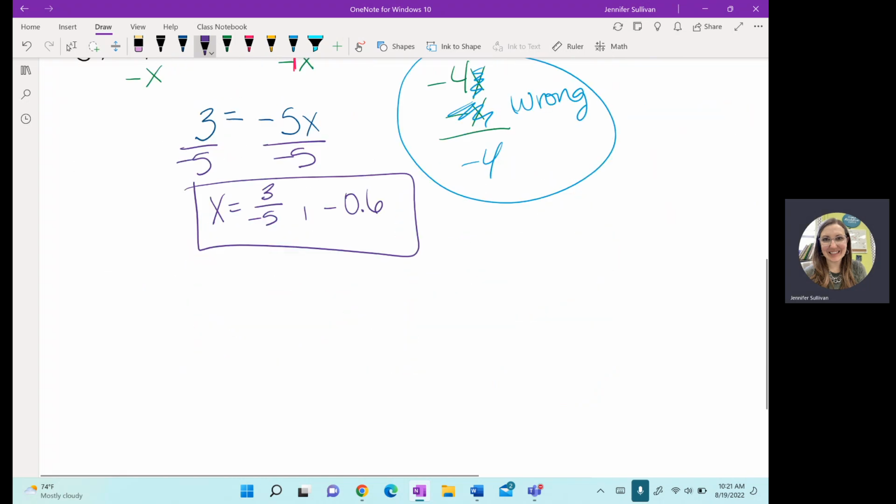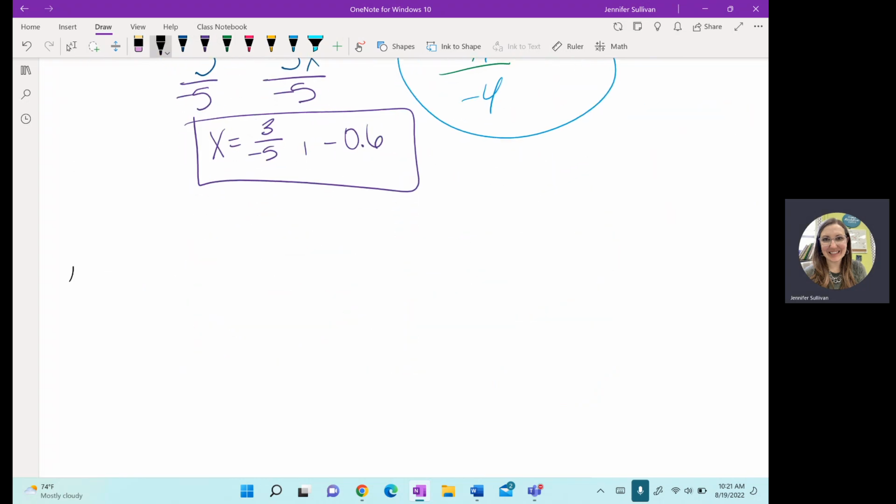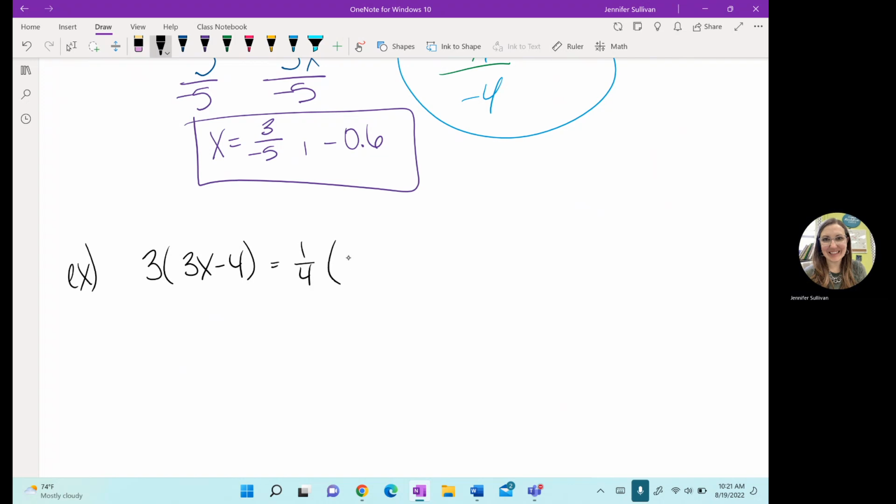Now, what if I have one like this? I'm going to throw in some parentheses in here. What if we do 3 times 3x minus 4 equals 1/4 times 32x plus 56. Again, I've got variables on both sides of the equation, so I'm noticing that.